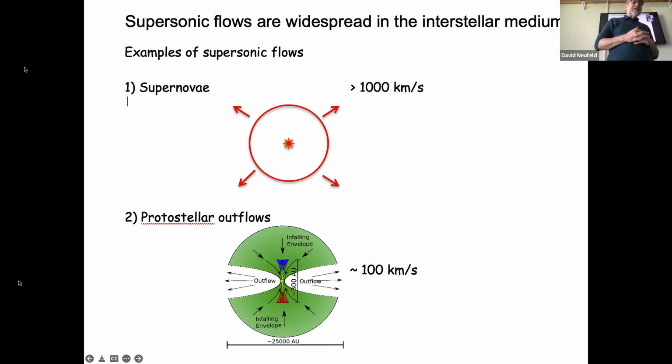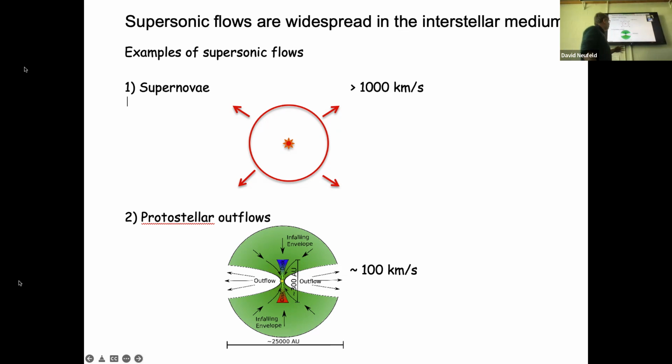Another important but less dramatic example is associated with the birth rather than the death of stars. When stars form, they do so through what we call an accretion disk. The material falls onto a disk that then has the material spiral into the forming star.